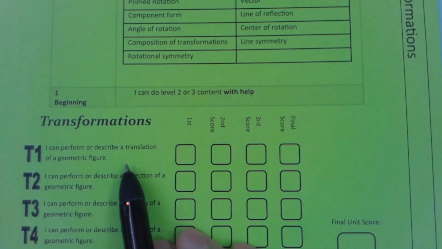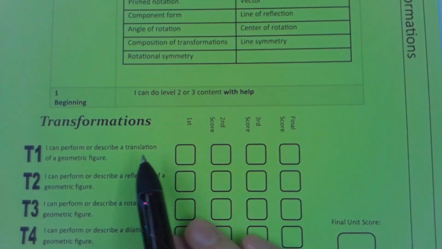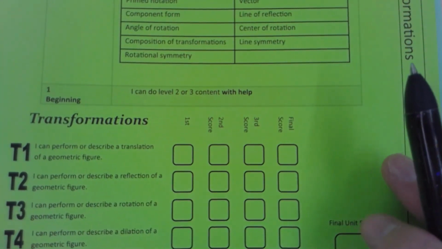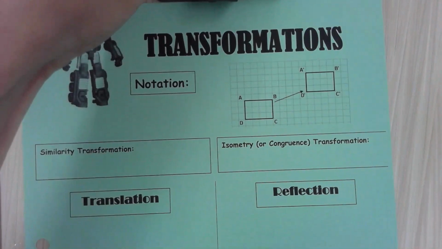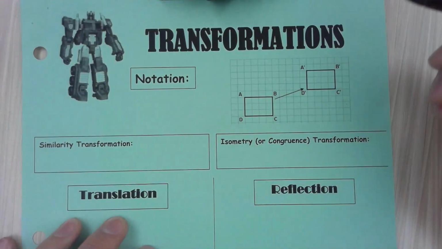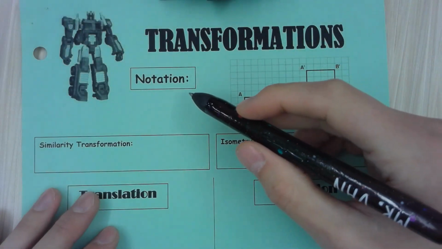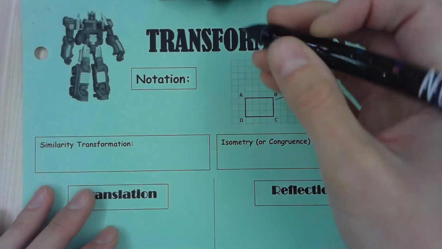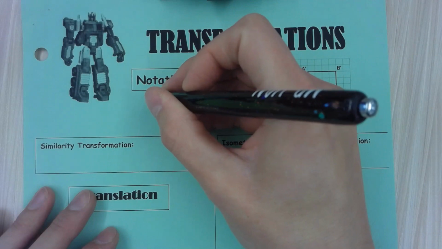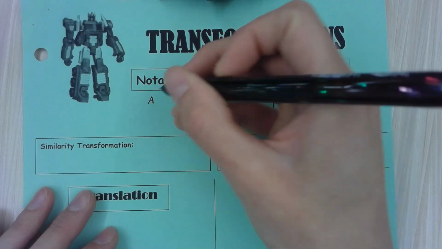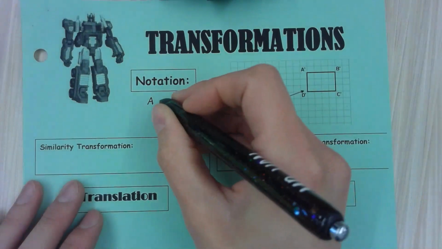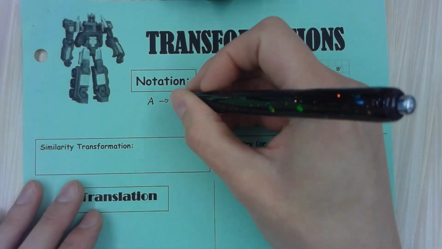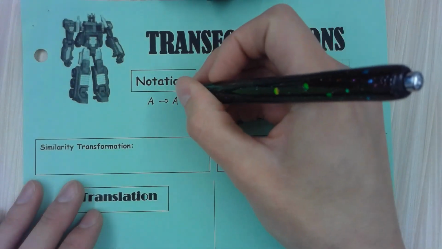So translation in this sense doesn't have to do with language, it has to do with moving an object's position. We'll see more of that in a moment. The notation for transformations in general takes us from a point, which will be our pre-image, and it transforms it into a new point, which we're going to call the image.